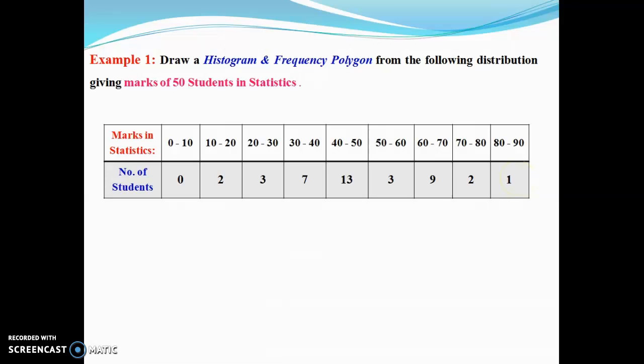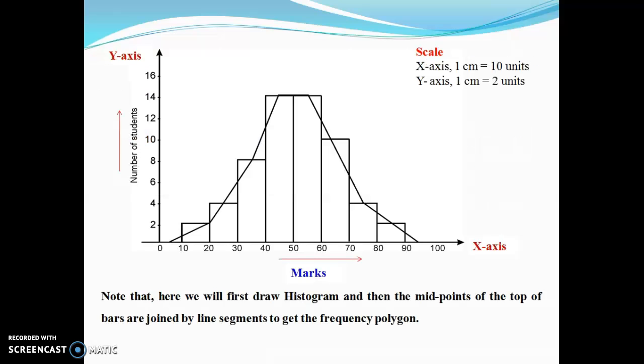By using this table, as per the procedure, we draw the frequency polygon with the histogram.